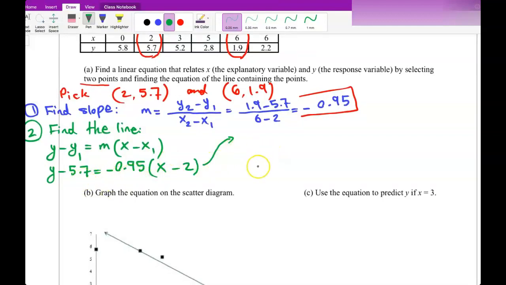Now, at the end, we want our line in the form of slope-intercept. So y minus 5.7 equals, using the distributive property here, negative 0.95 multiplied by x, then negative 0.95 multiplied by negative 2 is positive 1.9. Now add 5.7.